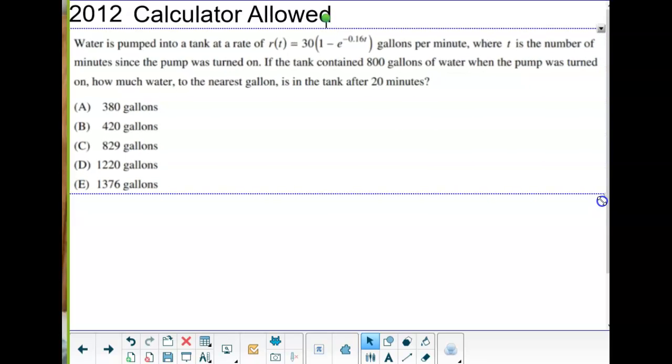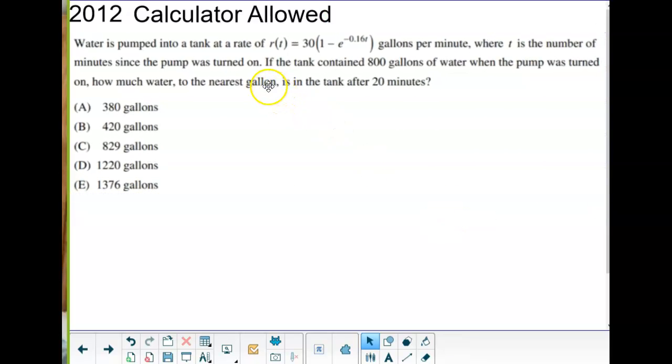So this one is a calculator allowed problem. So water is pumped into a tank at a rate, right there, key phrase. So here's my rate, R of T, in gallons per minute, where T is the number of minutes since the pump was turned on.